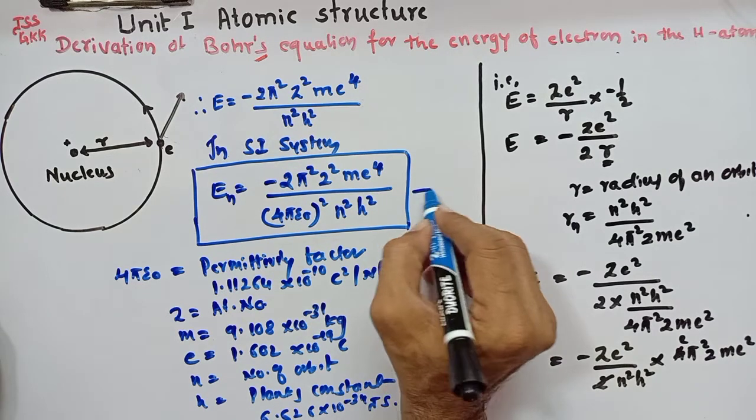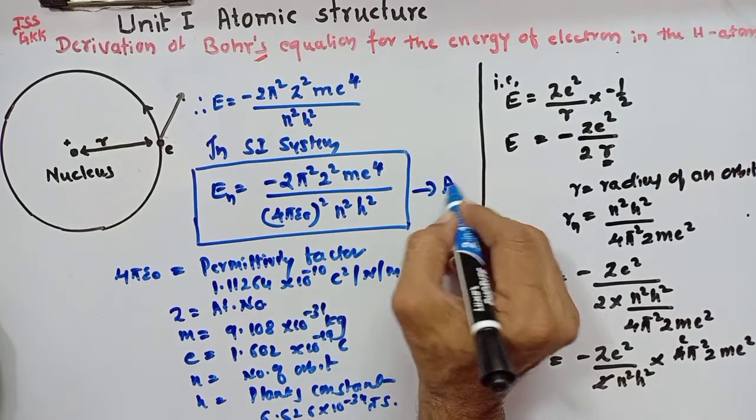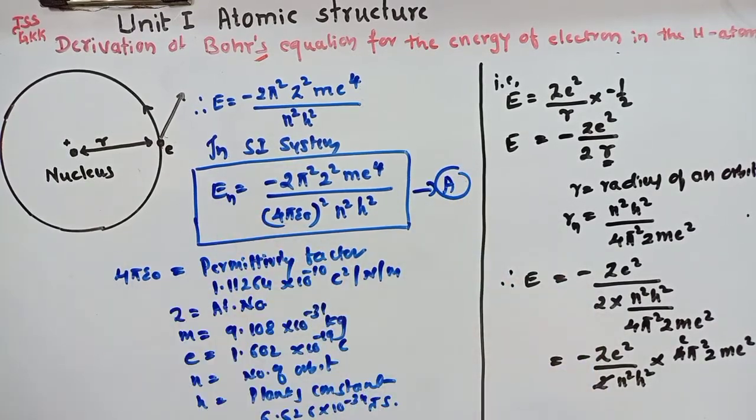Now this equation A is known as Bohr's equation for the energy of an electron in a hydrogen atom.